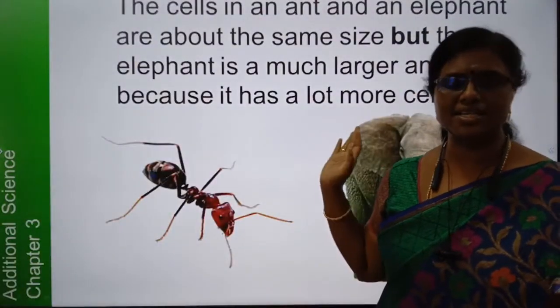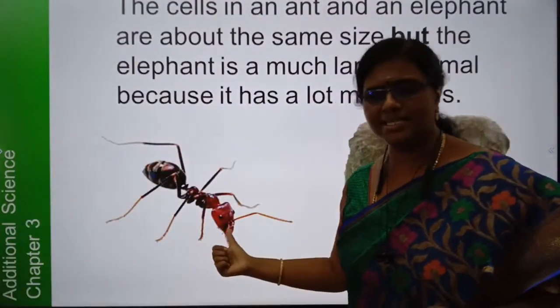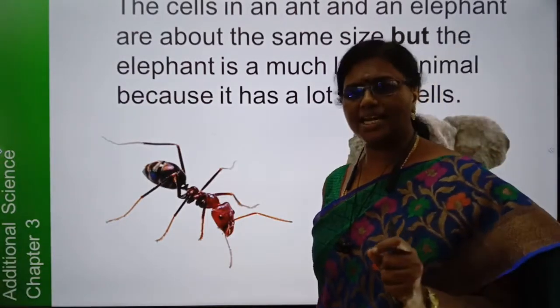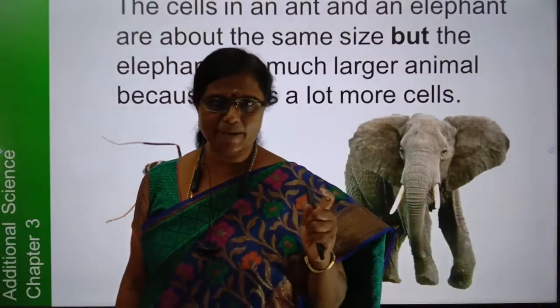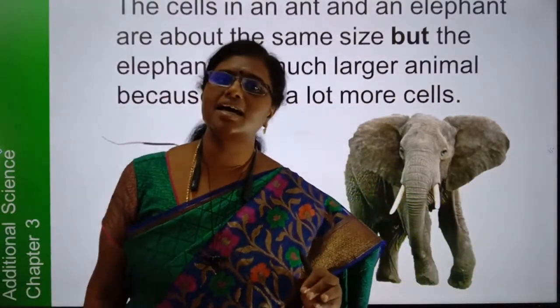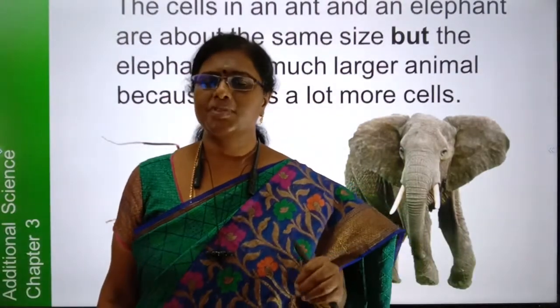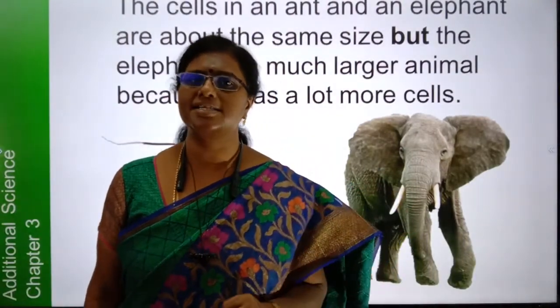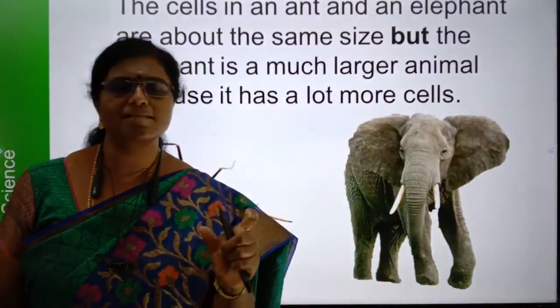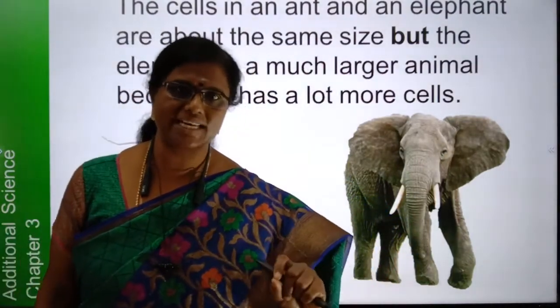Now, there is an interesting picture. There is an ant and there is an elephant. If I ask which cell is bigger, the ant cell or the elephant cell? Actually, the cells are of the same size. Depending on the size of the organism, the number of cells will vary. For example, an ant is a small organism, so the number of cells will be limited.